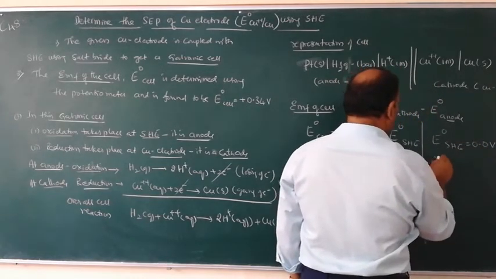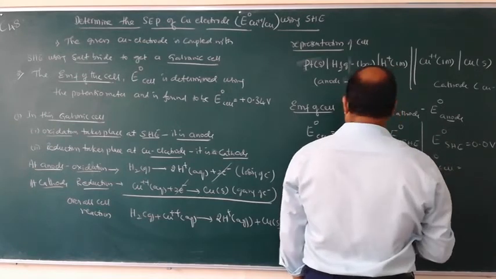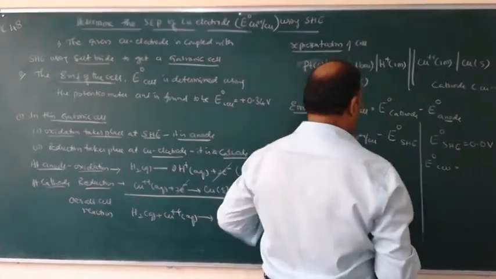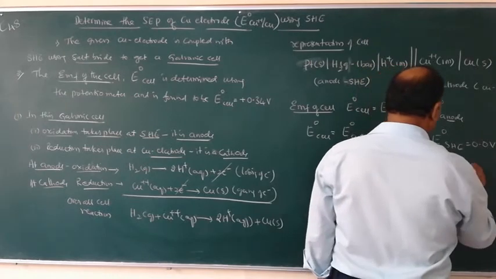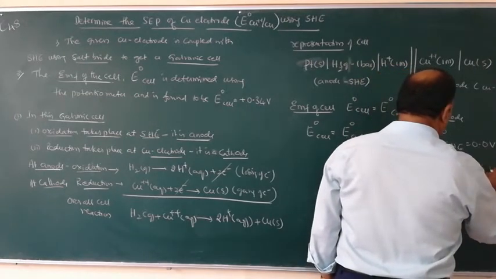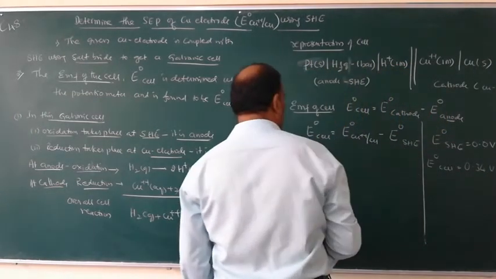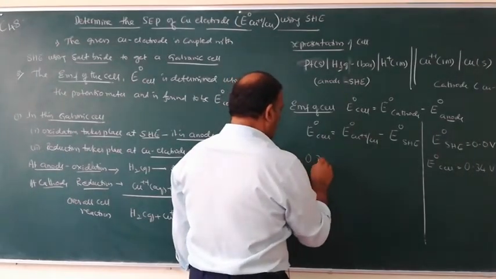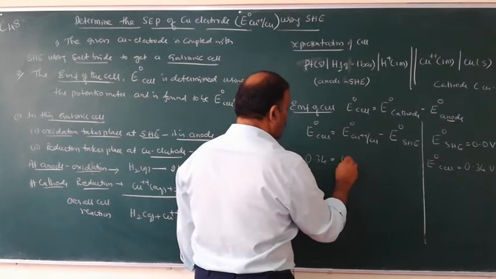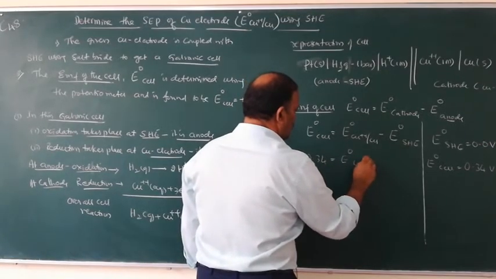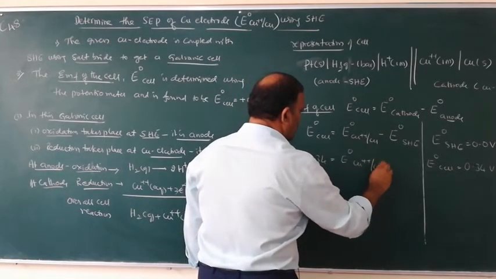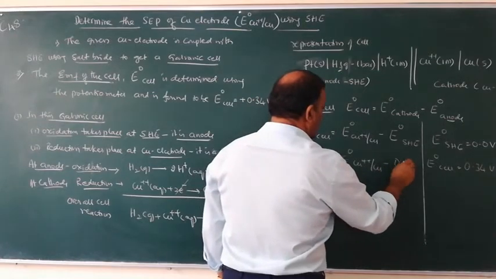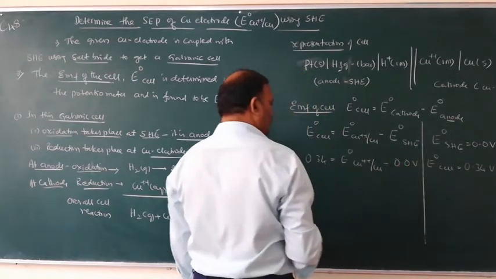Then what is E naught of cell? We have determined E naught of cell, that equals 0.34 volt. So 0.34 is equal to E naught of Cu2+ | Cu minus 0.0 volt.